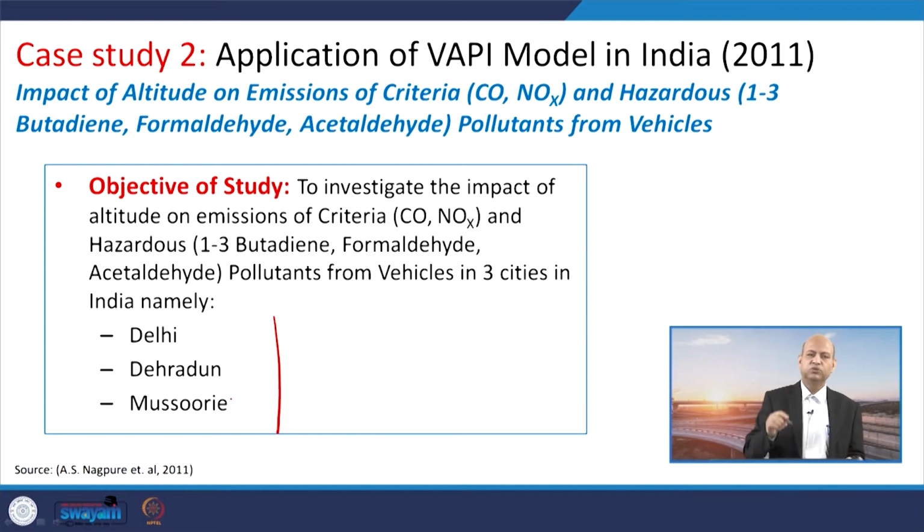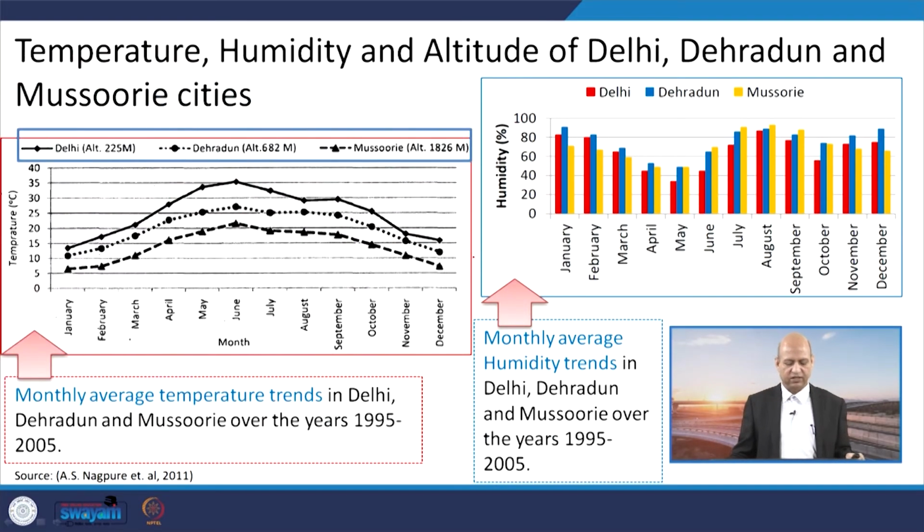So, those altitudes are quite different. We wanted to see the impact of altitude on emissions. So, we have looked at criteria pollutants, CO, NOx and hazardous pollutants like butadiene, formaldehyde, and so on in these three cities. So, let us see how these estimations are made using the VAPI model.